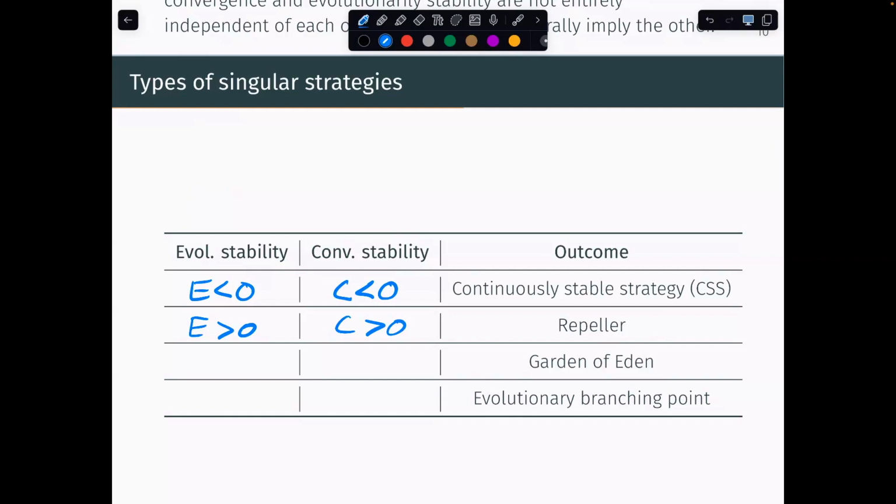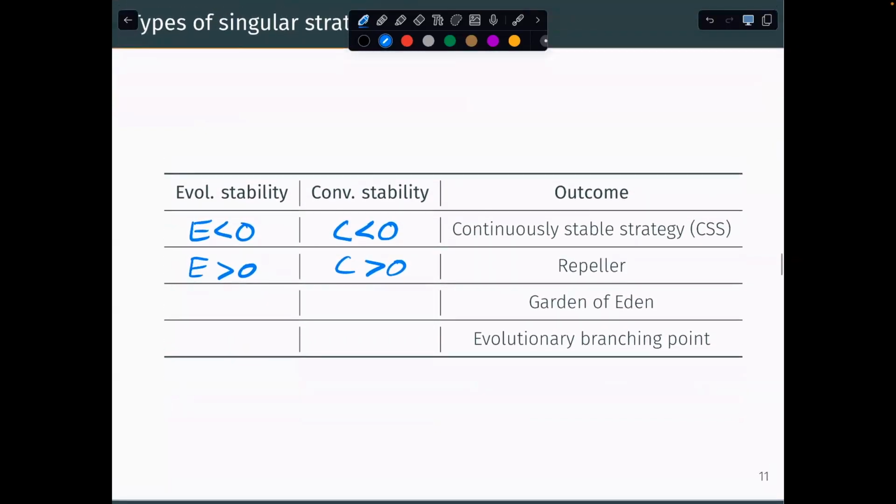In the same way as when we're talking about dynamical stability in an ODE system, I'm not going to focus on those knife edge cases. But technically you could say it's convergence unstable if C is greater than or equal to 0. It's just that the equals 0 case blurs things a little bit, and we're just going to avoid those cases.